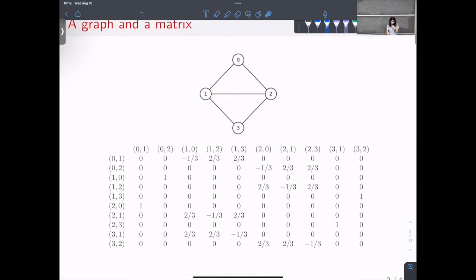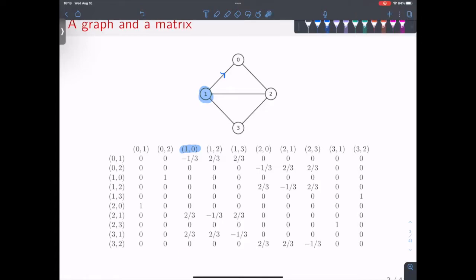Now, if you look at this matrix, you will see a lot of interesting things. First of all, it's quite sparse. There are a lot of zeros. And the second thing is you can actually describe each column using the degrees only. So let's pick this column, for example. It represents an arc pointing from 1 to 0. So we will call 1 the tail of the arc and 0 the head of the arc.